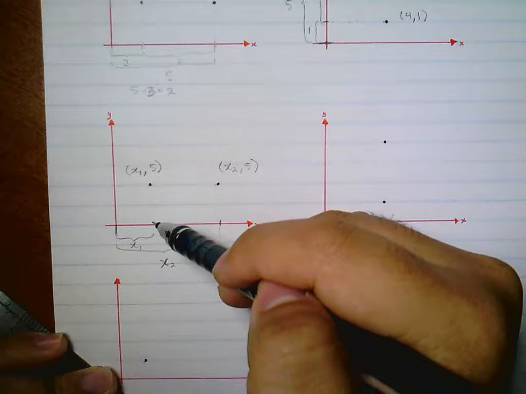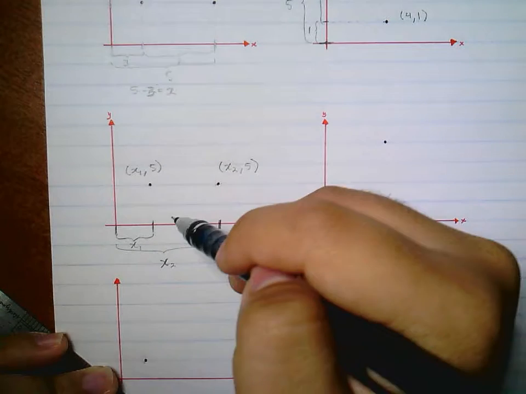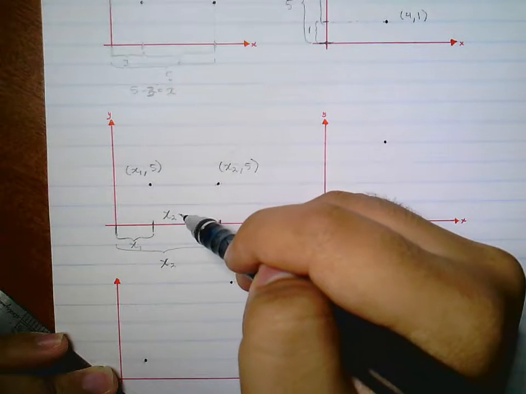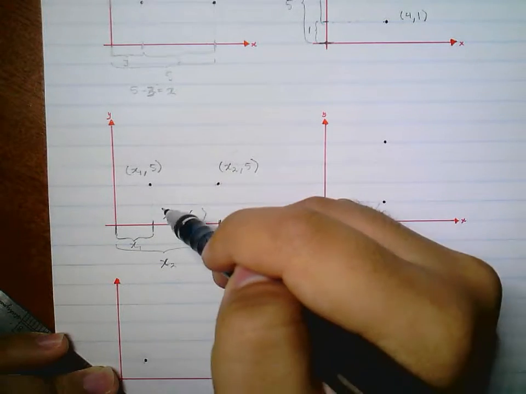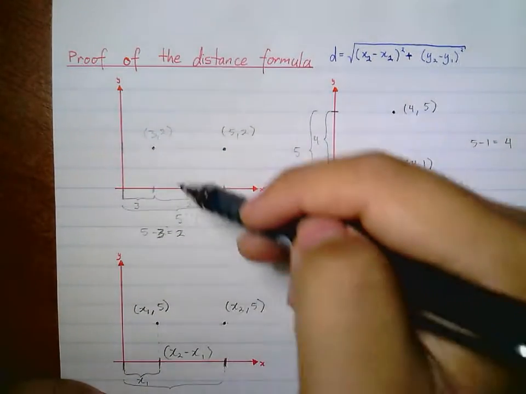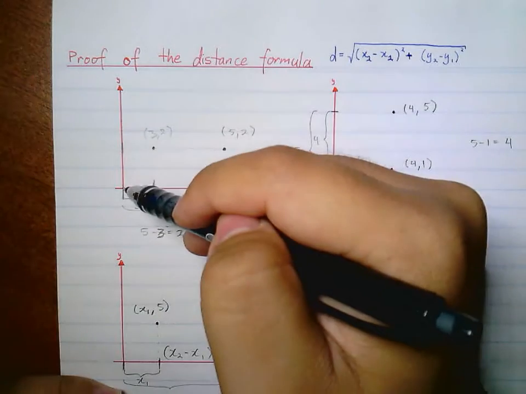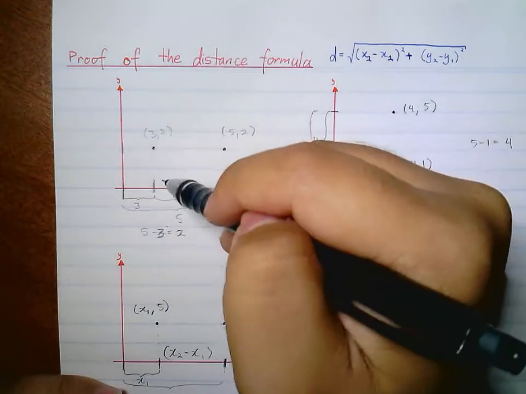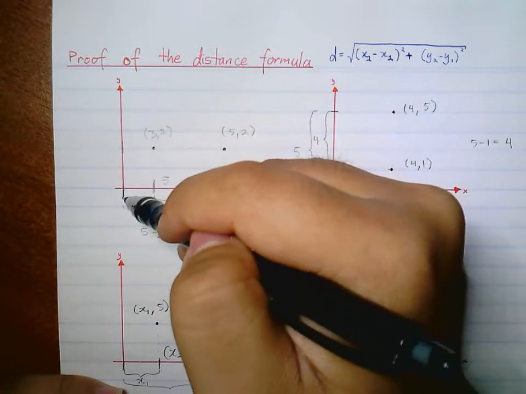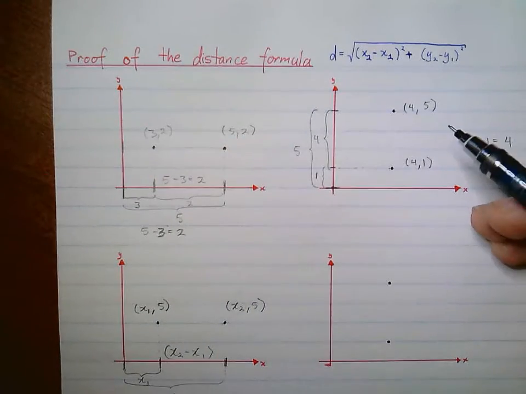Wouldn't this distance now from here to here be x2 minus x1? Kind of like what we did here. This distance from here to here is 5, because it's from 0 to 5, take away the 3, which is equal to 2.